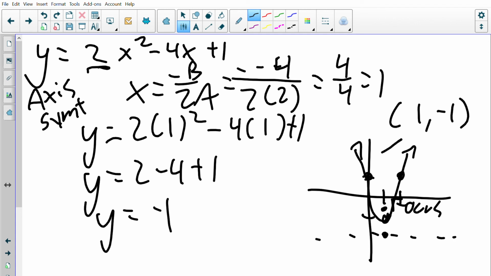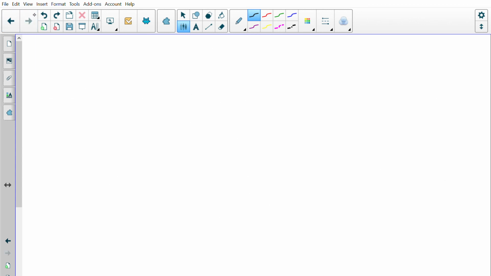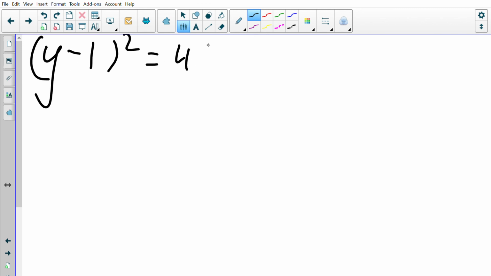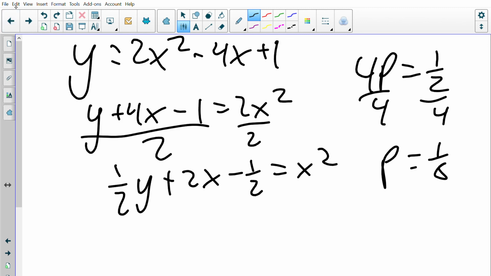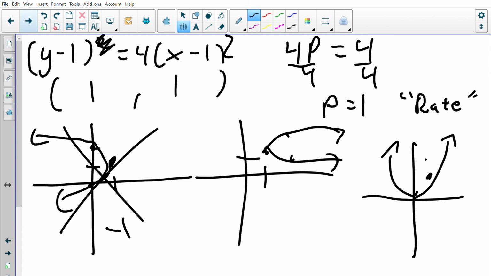So let's say a light hits here. We can measure and say how long of the line was inside the parabola. And then the last example is y minus 1 squared equals 4x plus 1.